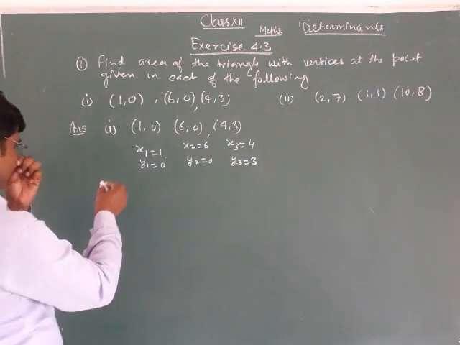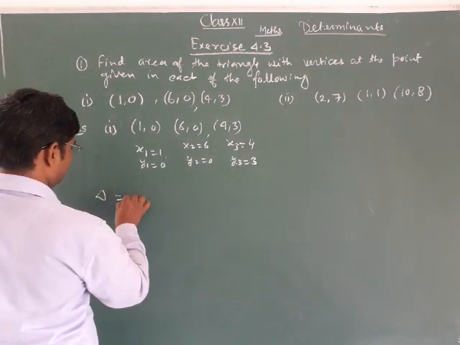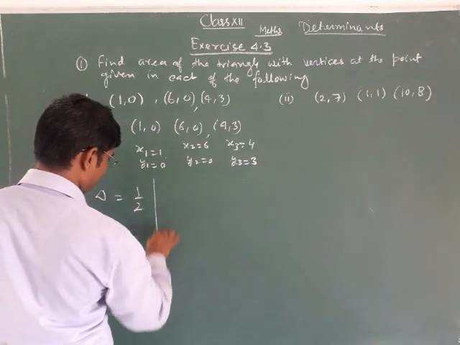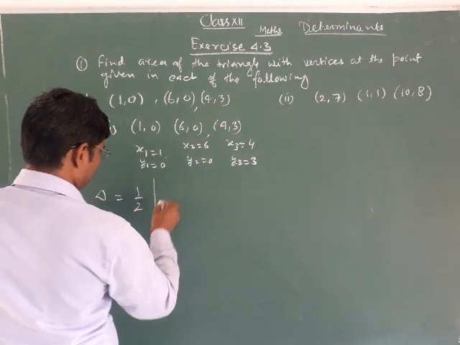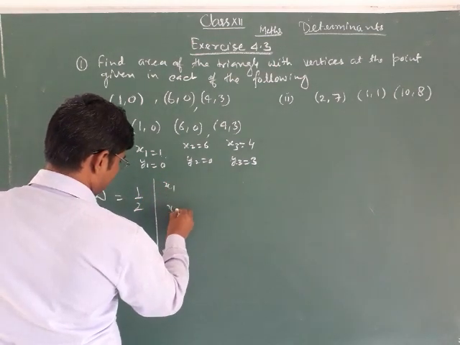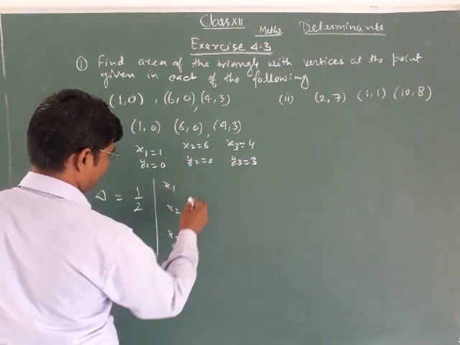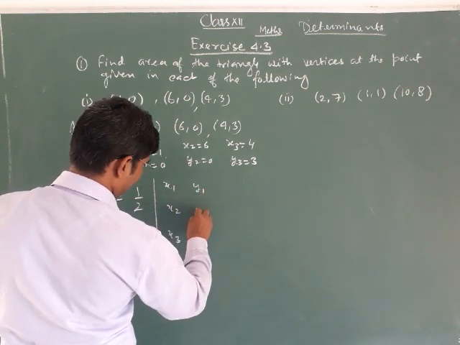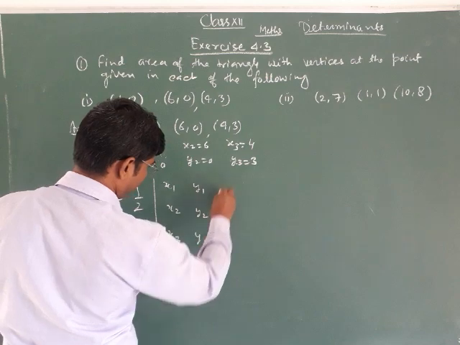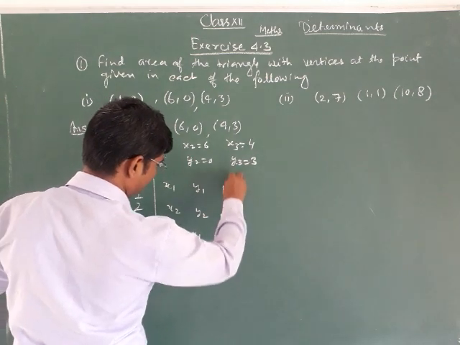So the area of the triangle is 1 by 2 determinant of x1 x2 x3, y1 y2 y3, 1 1 1.